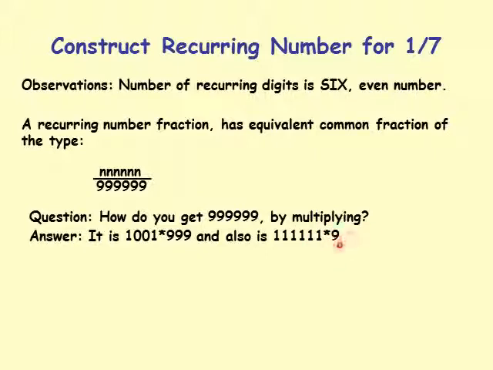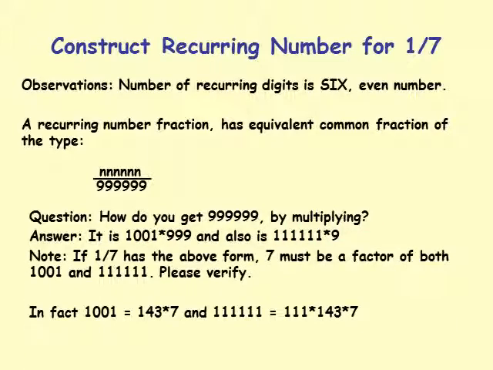You can use the prime factors of these things and make your life a little harder, but these are the simplest ways. Let's say this is the last multiplication you need to do to get 6 nines: either multiply these numbers together or these.